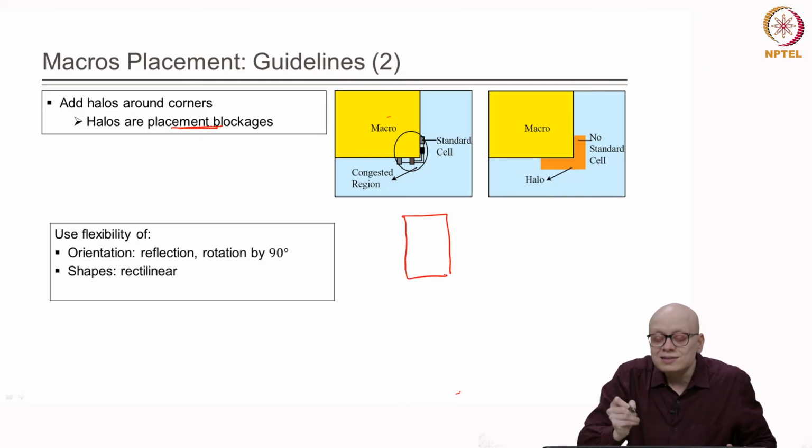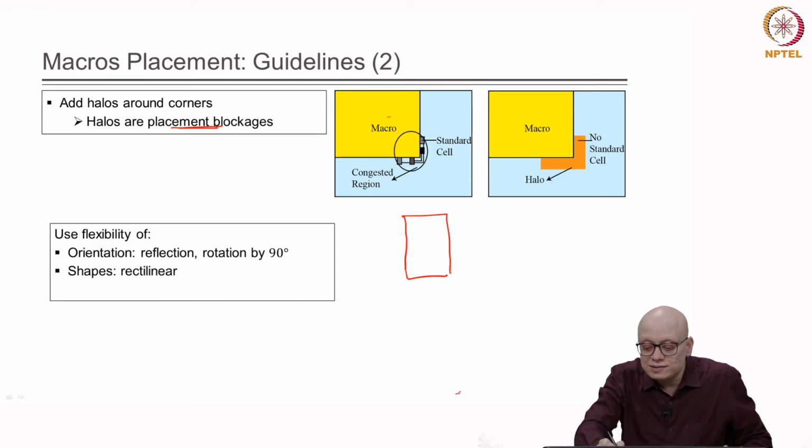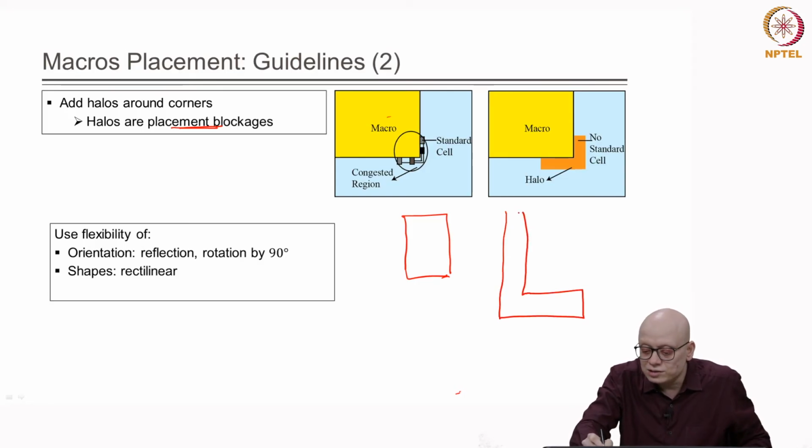Now, the same object, with the same area, can be reshaped and made in the form of, say, an L kind of shape. Now, this is a rectilinear shape, and this is a rectangular shape.